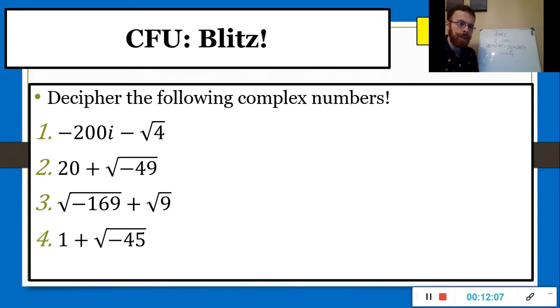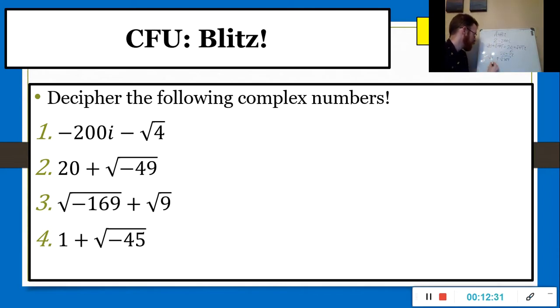But let's finish up. Square root of negative 169 plus the square root of 9. You know that the square root of negative 169 is going to be the imaginary part, so I'm going to write that in the back. I have the square root of 9 plus the square root of negative 169.